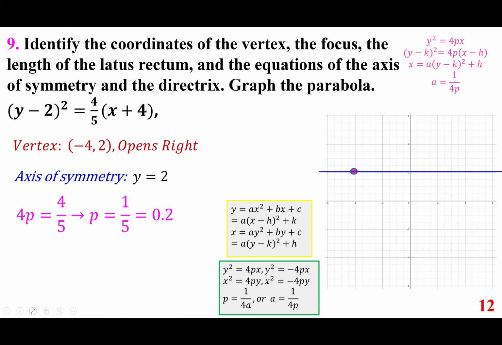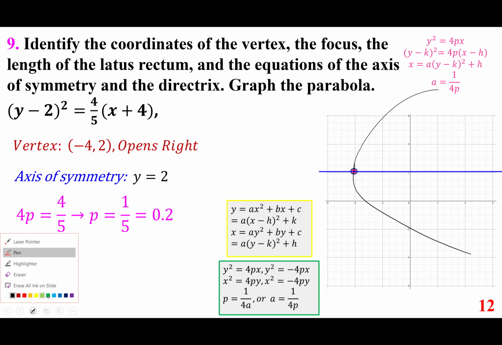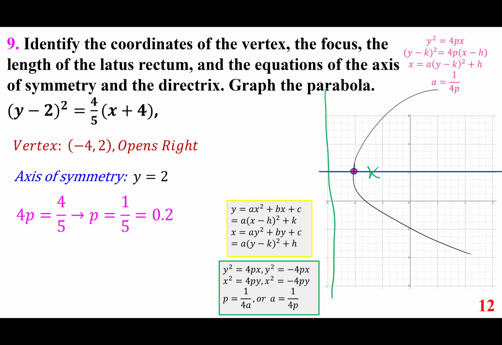Before we continue, you should recognize the graph opens to the right, looks like that. The focus, and this is by no means to scale, is somewhere inside, and the directrix is like so. And this distance is the same as this distance, and it's the p.